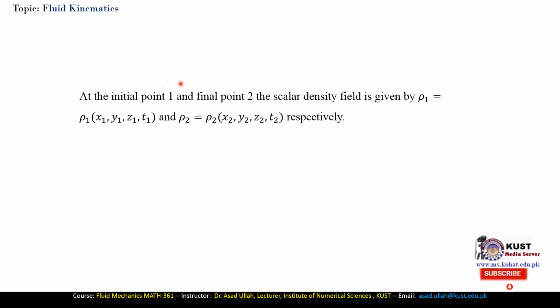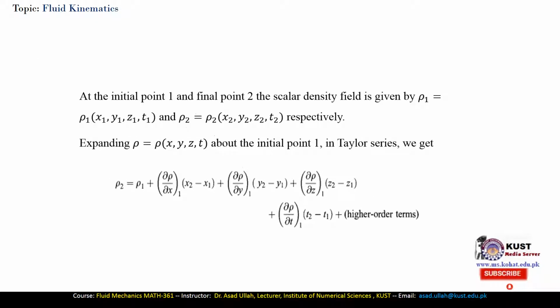At the initial point 1 and the final point 2, the scalar density field is given by ρ1 is equal to ρ1 as a function of x1, y1, z1 and t1, and ρ2 is equal to ρ2 as a function of x2, y2, z2 and t2 respectively.